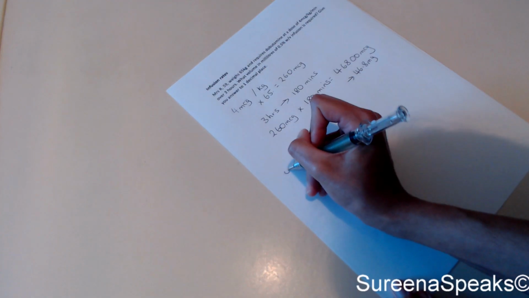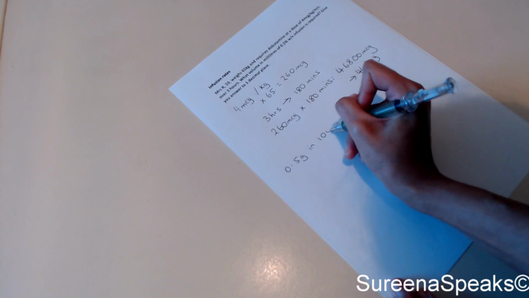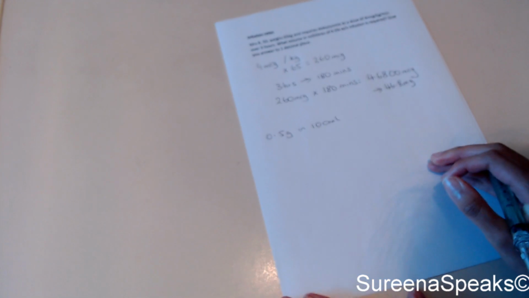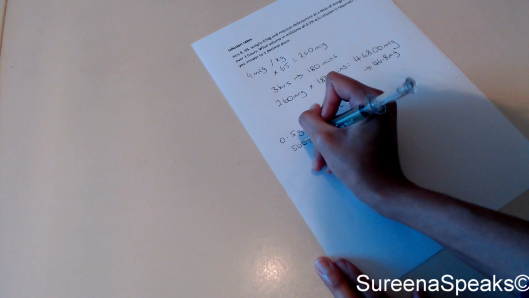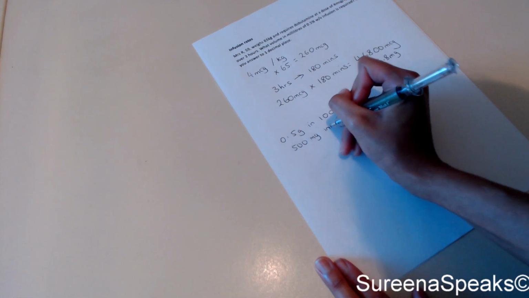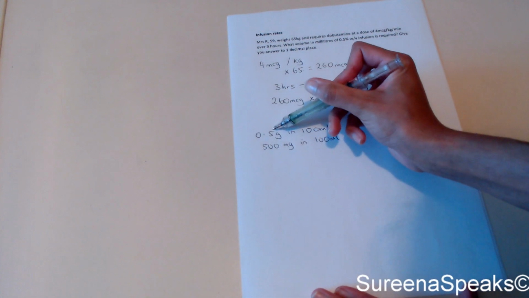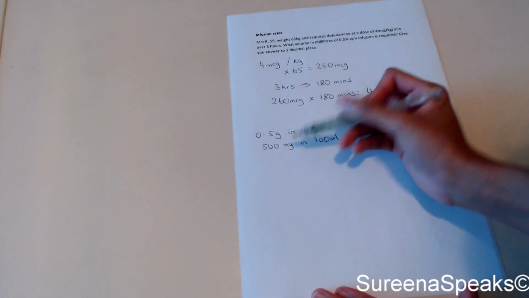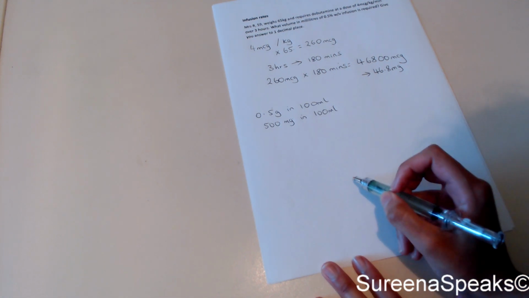It means 0.5 grams in 100 mils. It also means 500 milligrams in 100 mils. All we've done is convert that 0.5 grams into milligrams. So we know how much is in it: 500 milligrams in 100 mils.